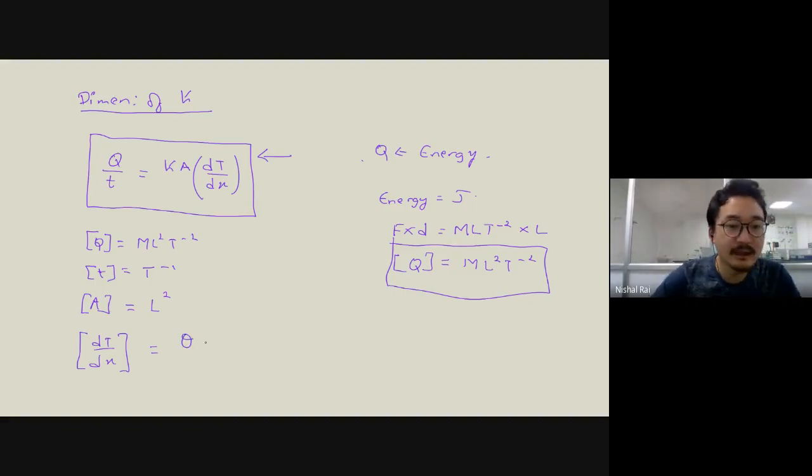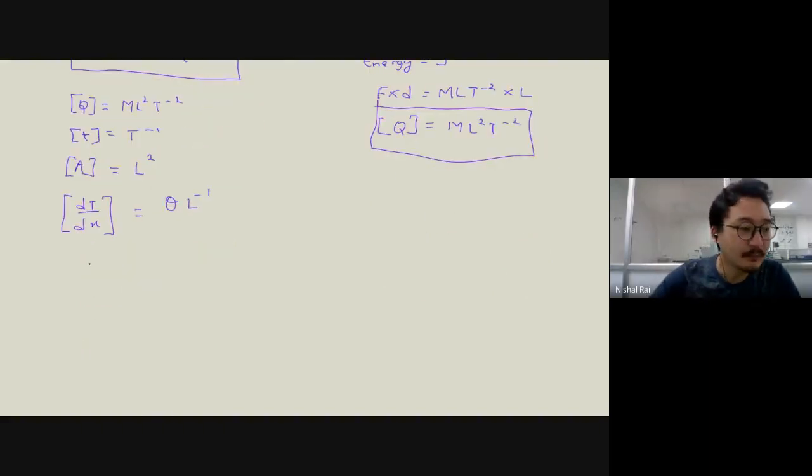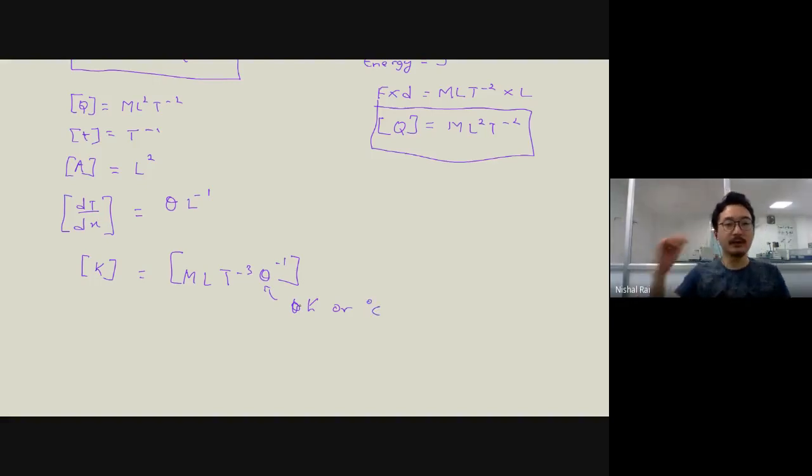Clear? And for x, the dimension is length inverse. Now if you put this over here, what do you get? The dimension of K as M L T to the minus 3 theta to the minus 1. Now this theta may be Kelvin or degree Celsius, could be anything. Is this point clear? So the dimension of K is given by this.